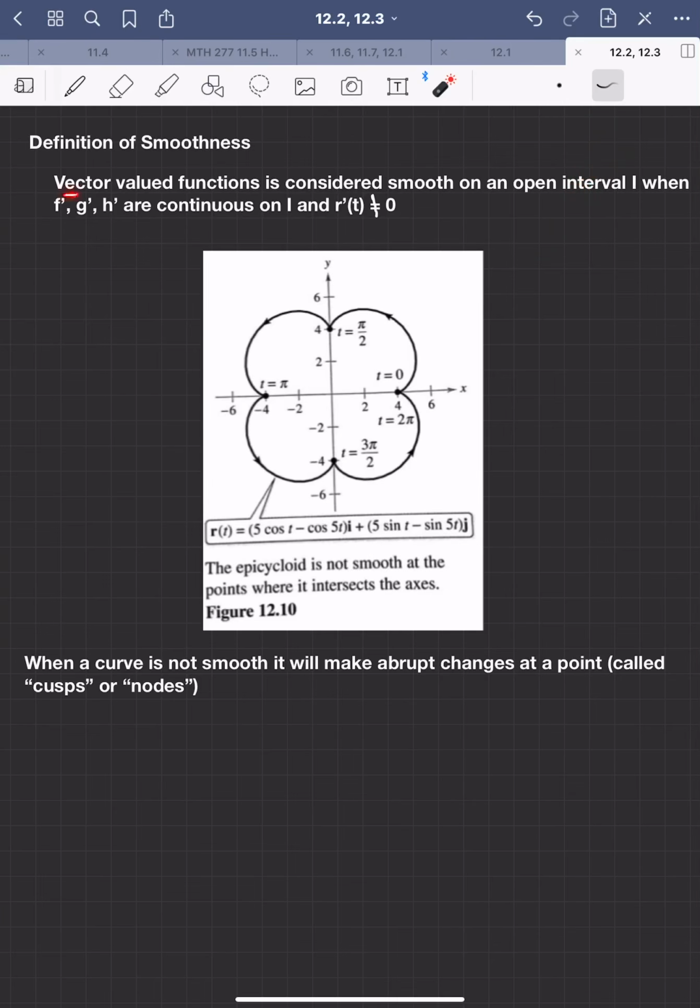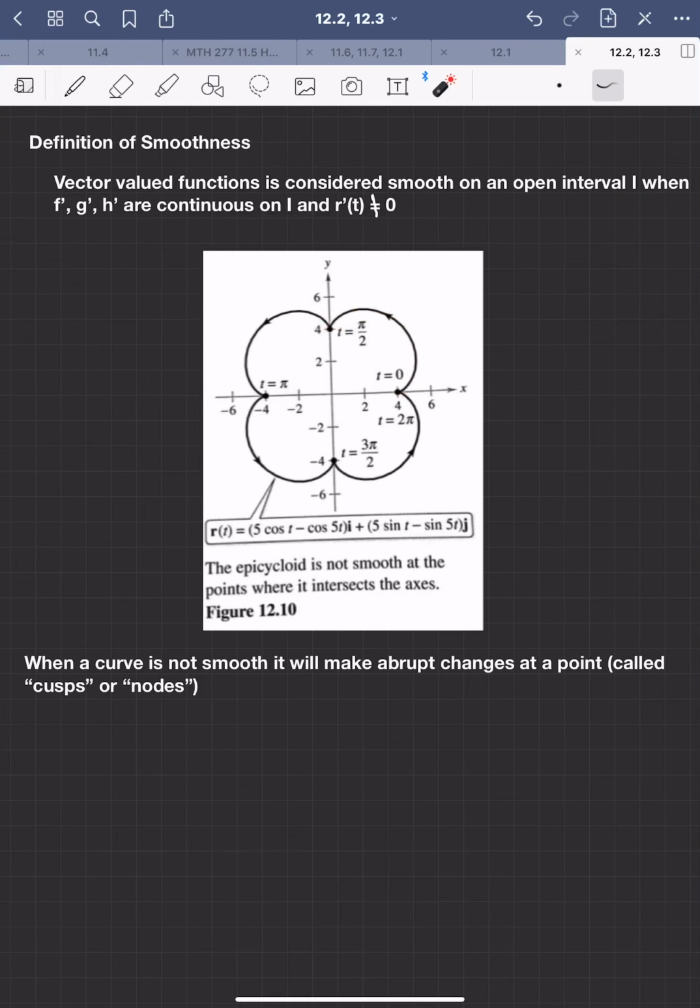So, a vector valued function is considered smooth on an open interval. In other words, the whole curve doesn't have to be smooth, just on an interval. Maybe from here to here, that interval I would be smooth. So we would consider a vector valued function smooth on an open interval I when the following criteria is met.